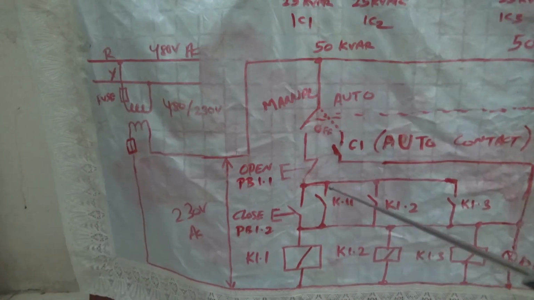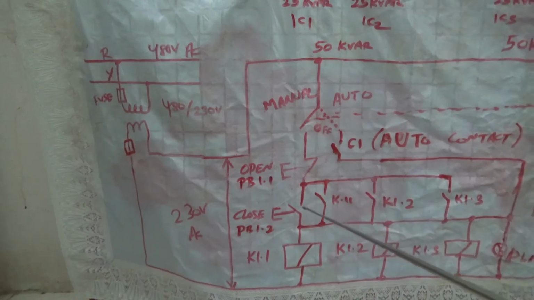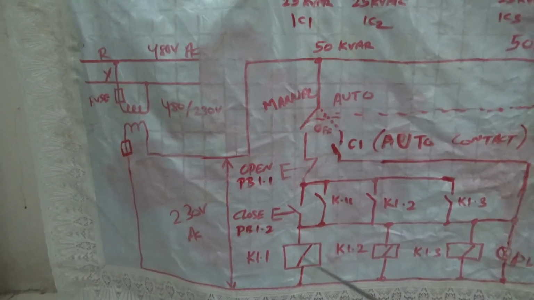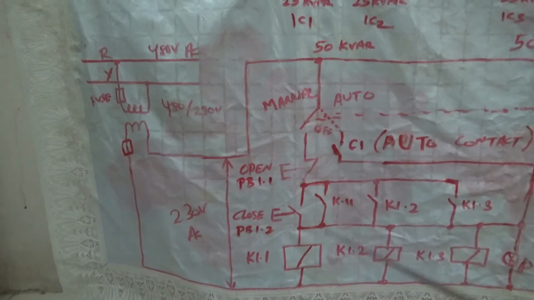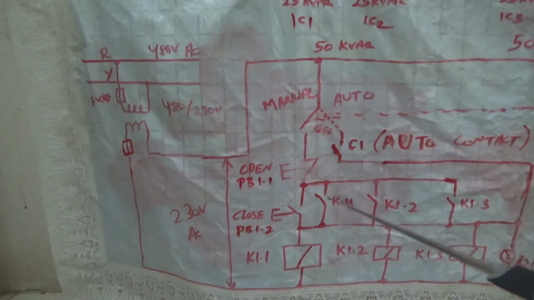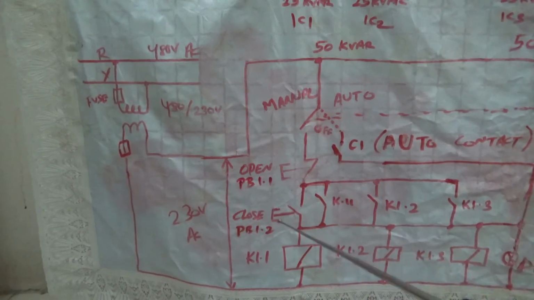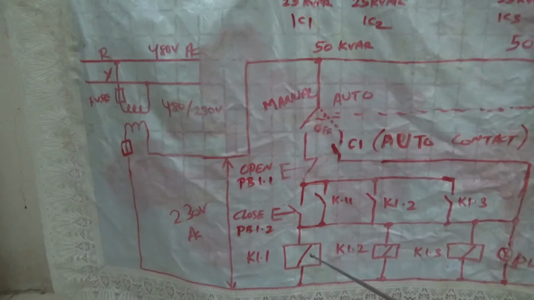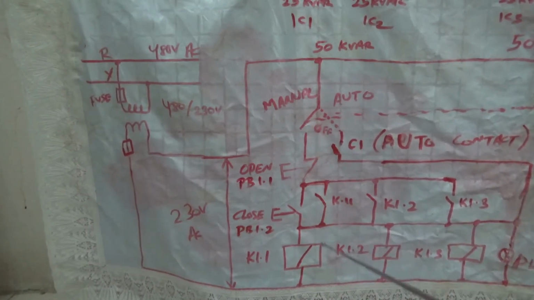And then these are the hold-on contacts, because if you press and leave it, the contactor will also turn off. So one latching contact is used. The NO contact of the contactor is wired parallel to this one, so that once you press this and leave it, the contactor will remain in closed condition. Means the capacitor is always in closed condition.